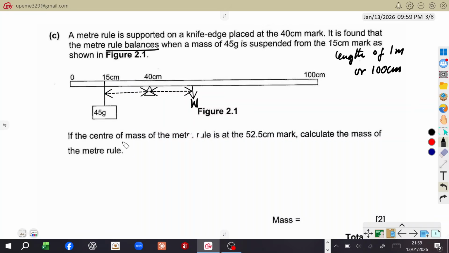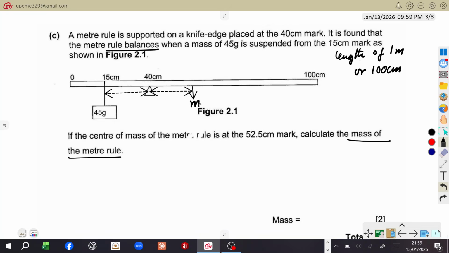They're saying if the center of mass of the meter rule is at the 52.5 centimeter mark, calculate the mass of the meter rule. So they're saying we calculate the mass of the meter rule. So meaning here, instead of putting weight, we shall change to mass.